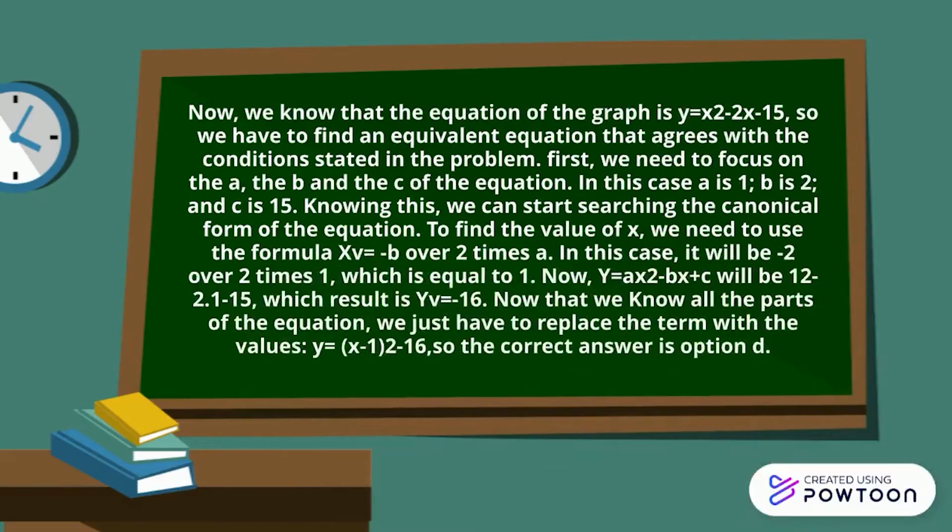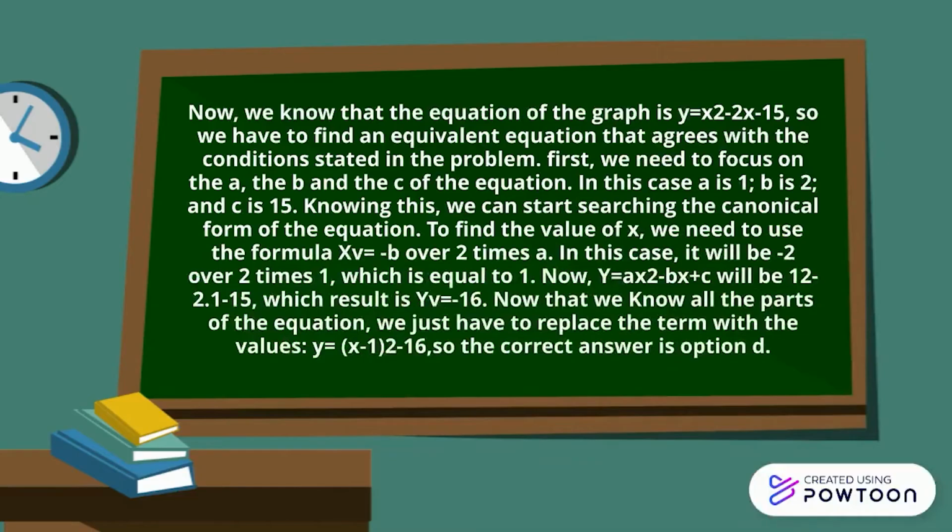First, we need to focus on the a, the b, and the c of the equation. In this case, a is 1, b is negative 2, and c is negative 15. Knowing this, we can start searching for the canonical form of the equation.